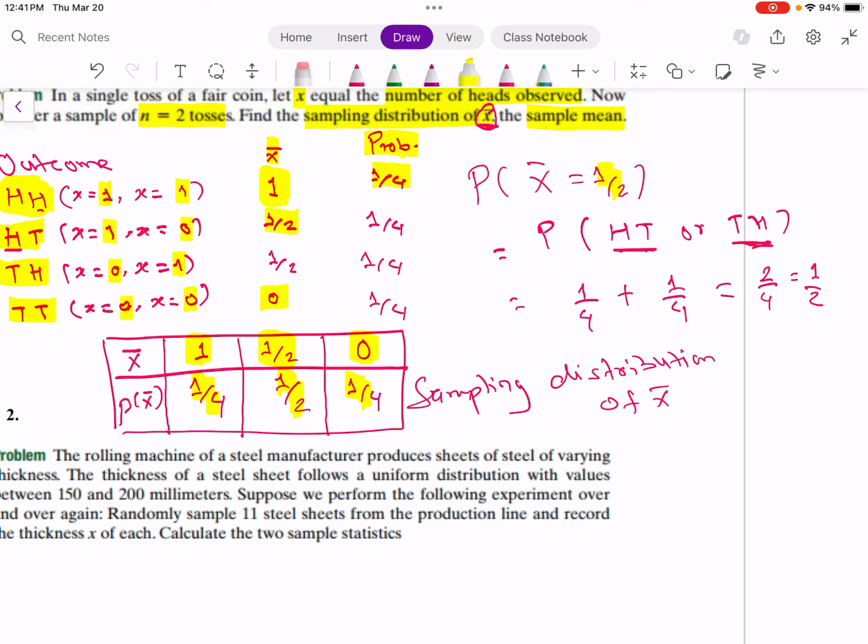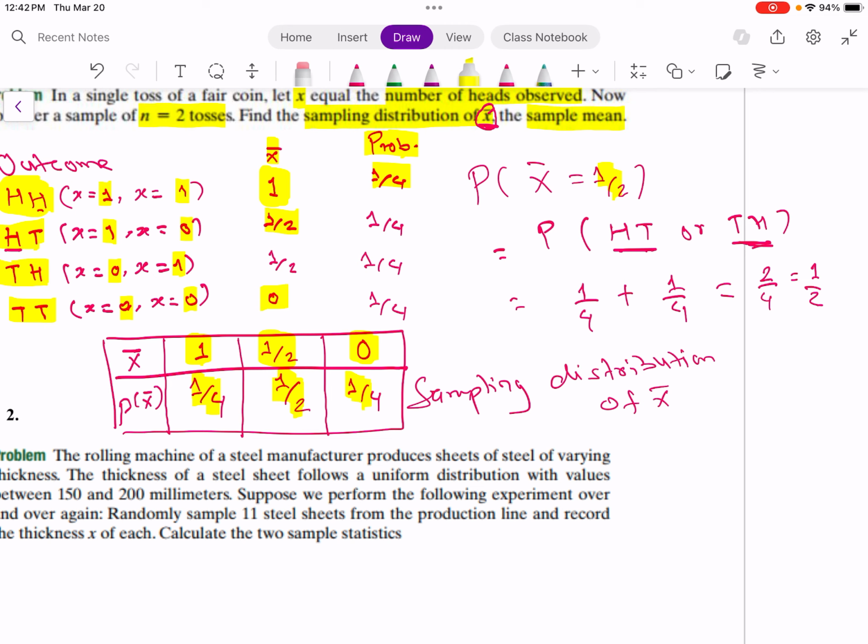This is the first property. The next property is that the total probability equals 1. If you add the probability that x bar takes 1, 1/2, 0, the sum is equal to 1. So it does meet the two properties. This is our sampling distribution of x bar.